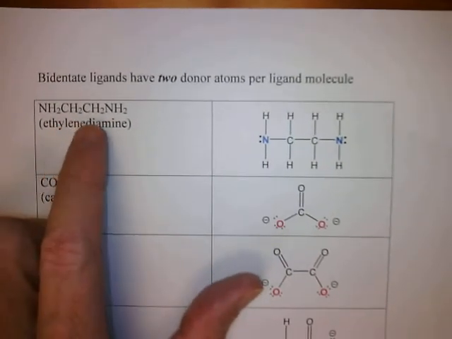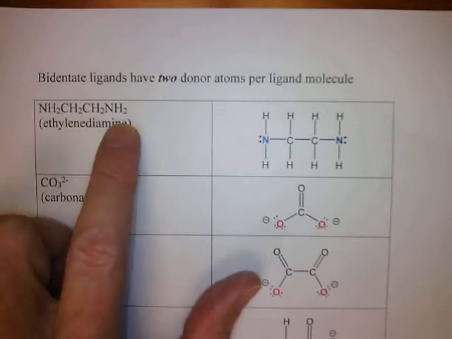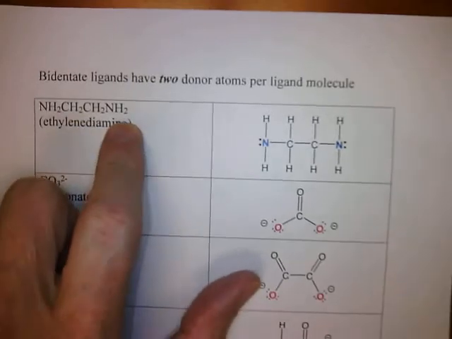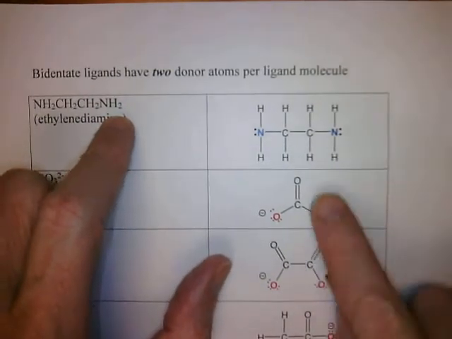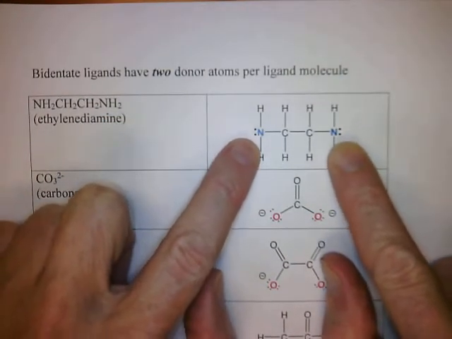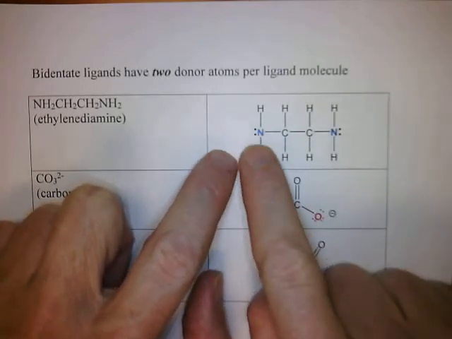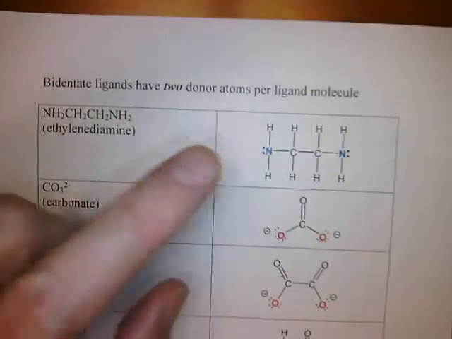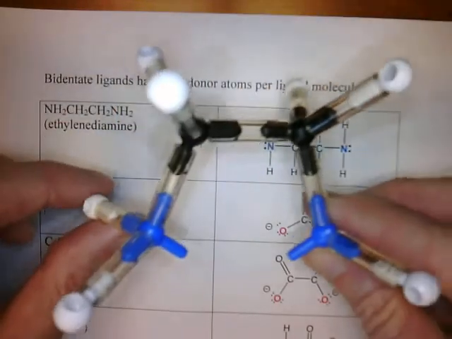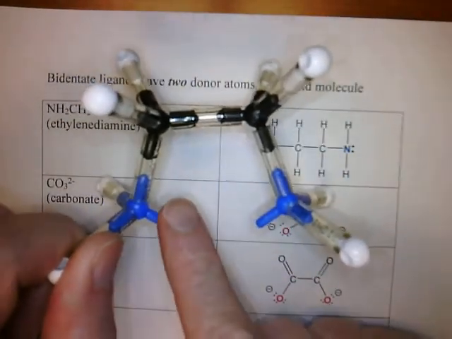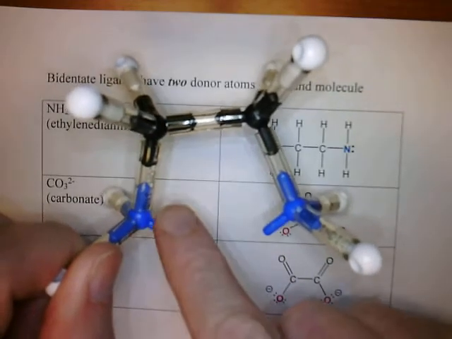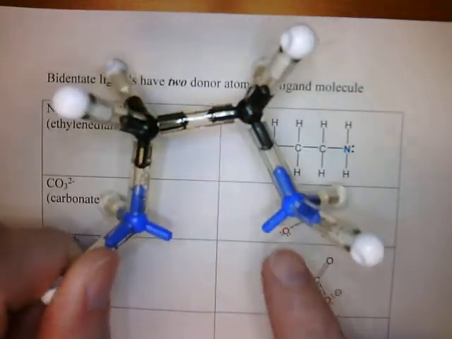NH2, CH2, CH2, NH2. Ethylene diamine is a very common, very good ligand. You have unshared pairs on both of the nitrogens. This is the way it is drawn out here. I've got a model of it here, and you can see that it goes nitrogen, carbon, carbon, nitrogen.